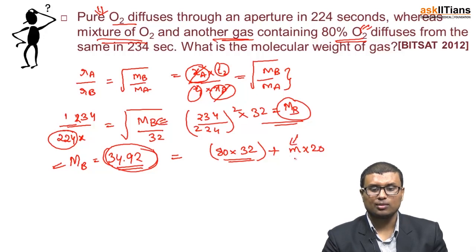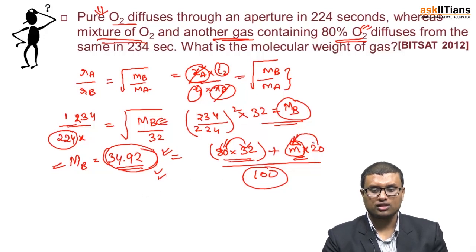M is nothing but the molecular weight of the gas, which is unknown. So this by 100 will be equal to 34.92. 80% is oxygen, so 80 into 32. 20% is your other gas whose molecular weight is to be calculated, divided by 100 gives you 34.92. And what is now M? M is nothing but 34.92 into 100.